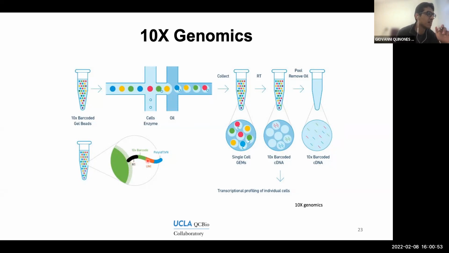But what I wanted to highlight is that at this step, you have individual beads captured with individual cells. Every bead will have thousands, actually, I'm not sure of the exact number, I believe it should be several thousands of these oligos. All the oligos will have the same barcode, but different oligos will have different UMIs.